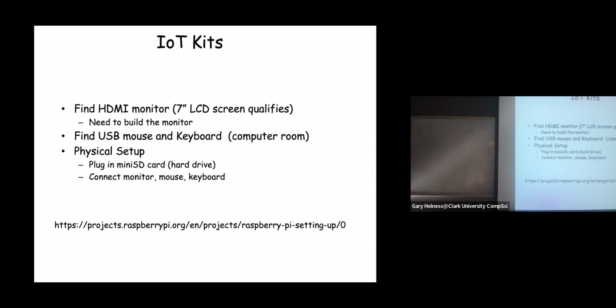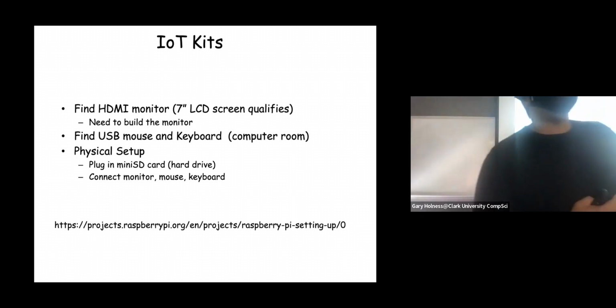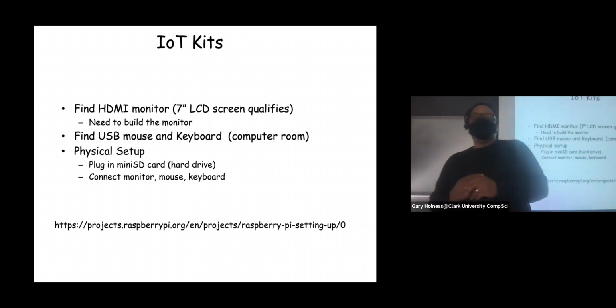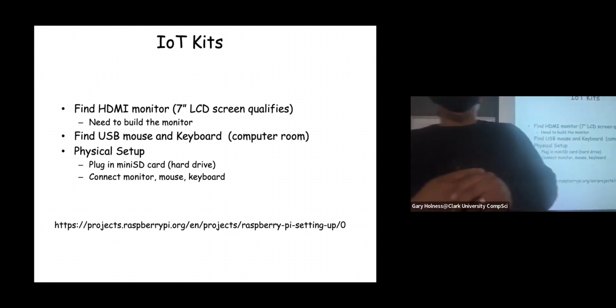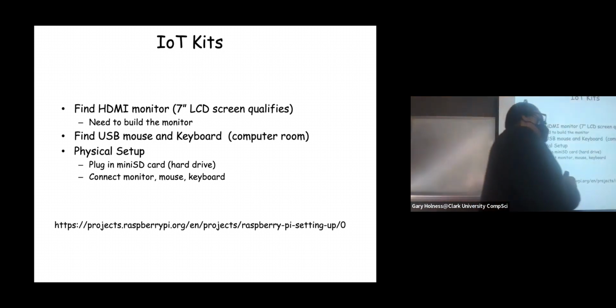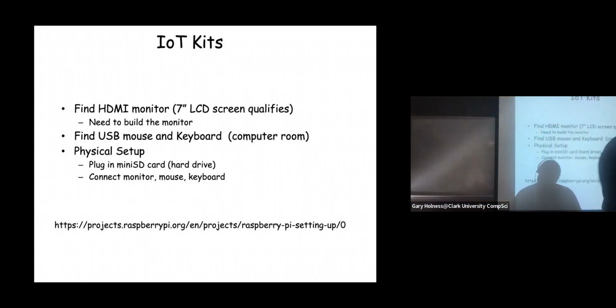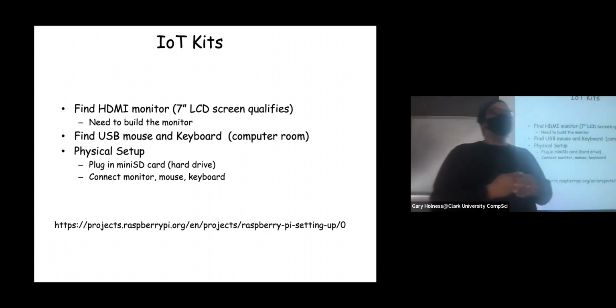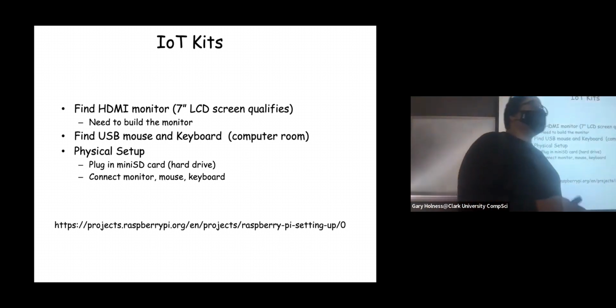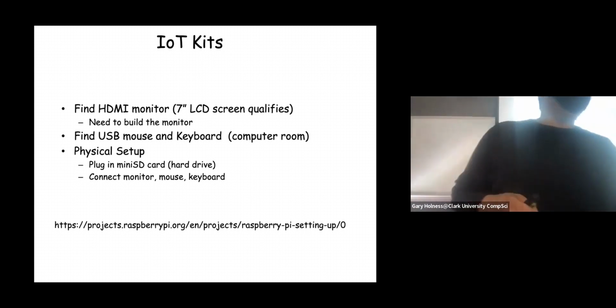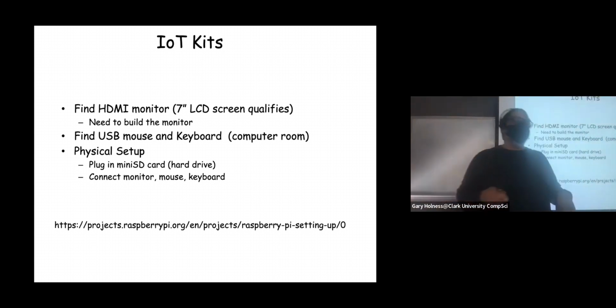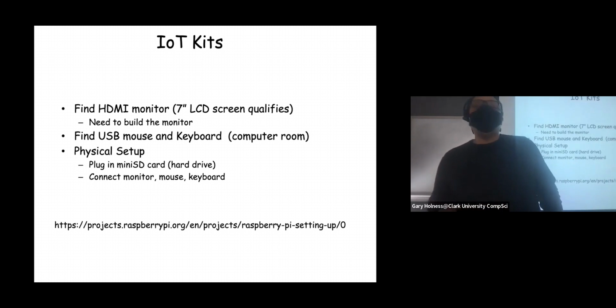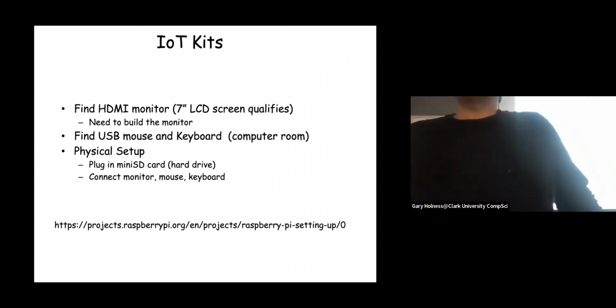NOOBS is a piece of software that comes up in a menu and makes it easy for you to image or to install an operating system on your SD card. There is a URL that I will give on Friday where you can download NOOBS and put it on your SD card. Then when you boot your Raspberry Pi, NOOBS takes over. And with a network connection, it can do everything over the network in a nice, clean way. Okay, any questions about this?